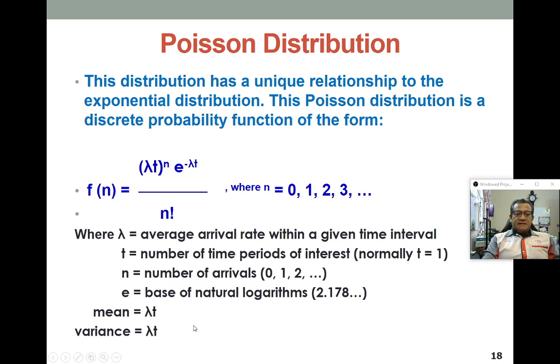Basically, the Poisson distribution is a discrete probability function in the form of this formula: f of n, where n is 0, 1, 2, 3, meaning 0 customers, 1 customer, 2 customers, 3 customers, equals lambda multiplied by t to the power of n, where n is the number of customer arrivals, multiplied by e to the power of negative lambda t, divided by n factorial.